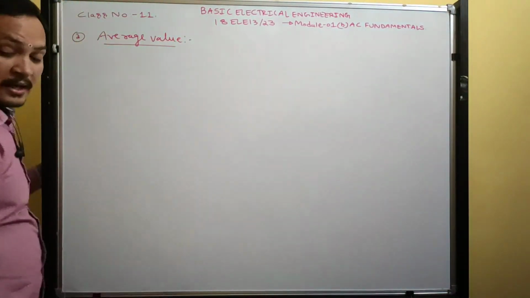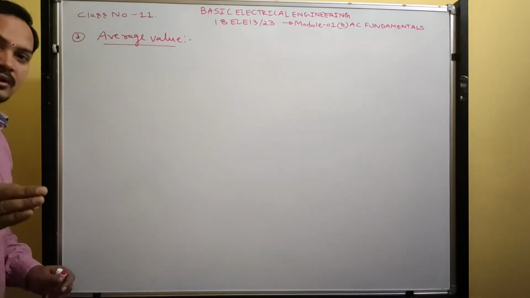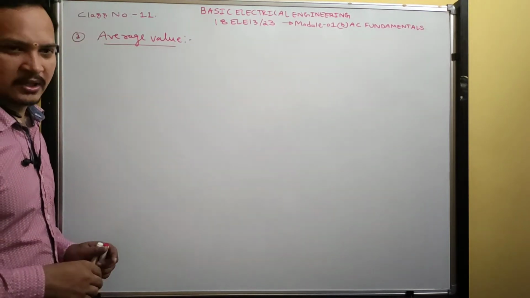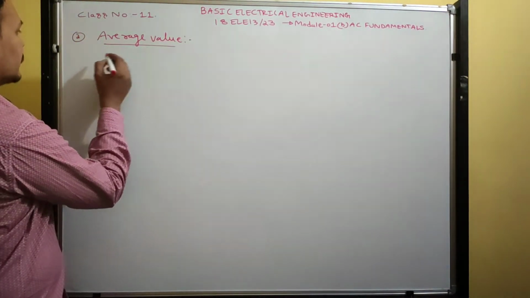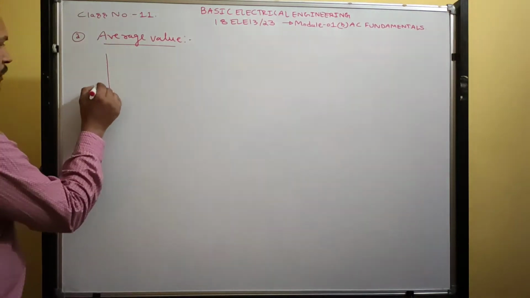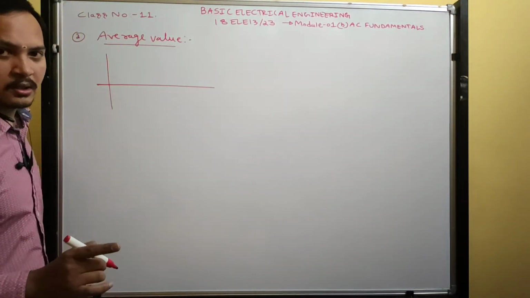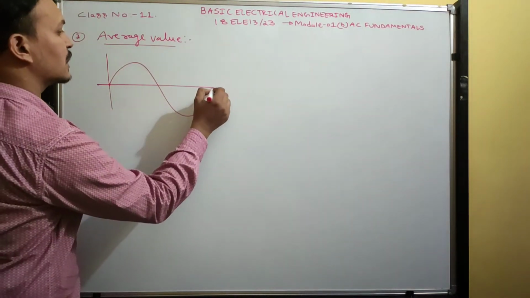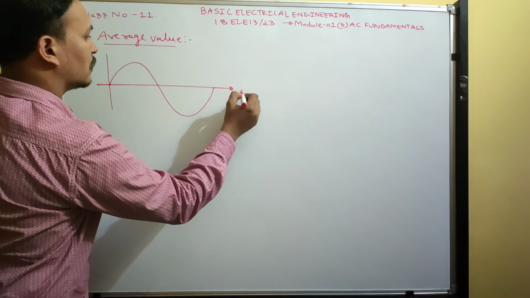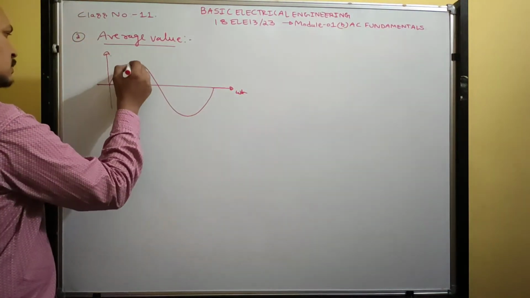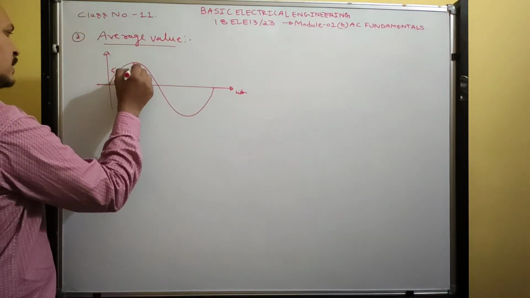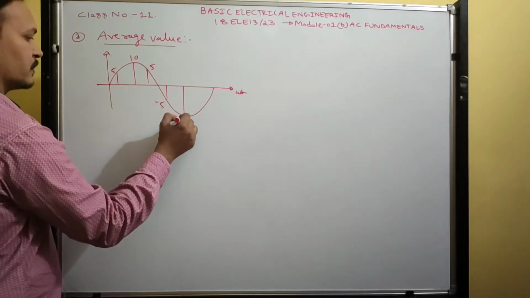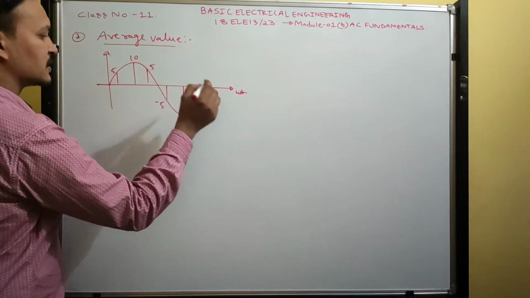See, the average value also has two forms, the graphical method and the analytical method. The graphical method is not applicable for exams, so I take it only for understanding purposes. Let's take the currents at omega t as 5 ampere, 10, 5, minus 5, minus 10 and then minus 5.